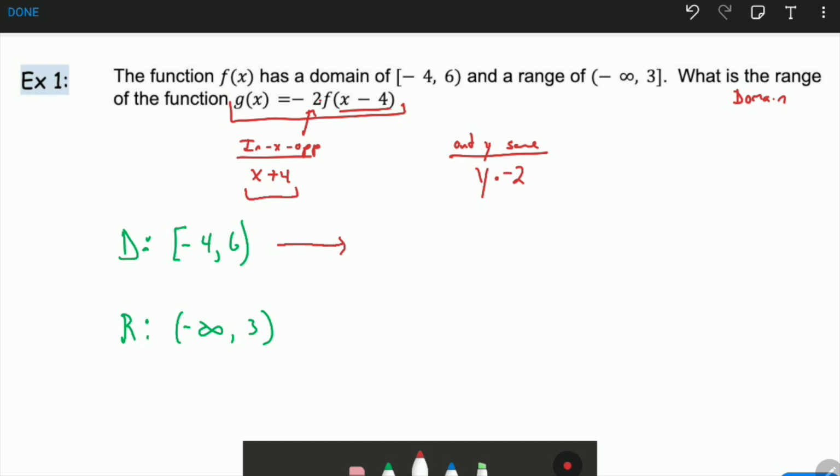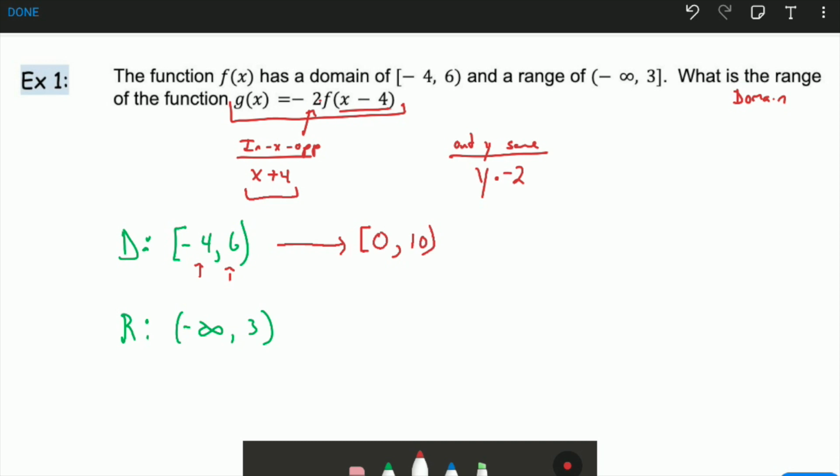So I'm going to add 4 to each of my endpoints for the domain. So -4 plus 4 is 0, still included, and 6 plus 4 is 10, which is not included. So there is that.